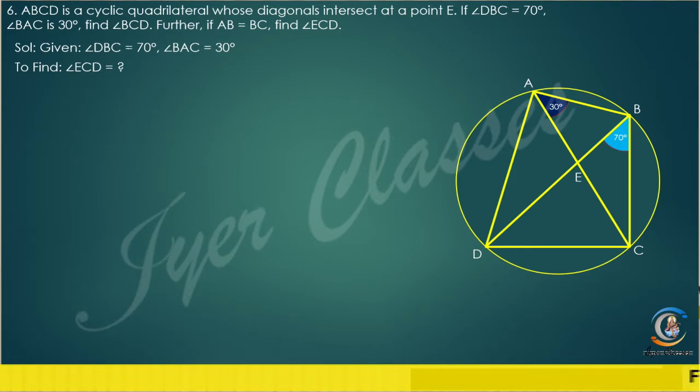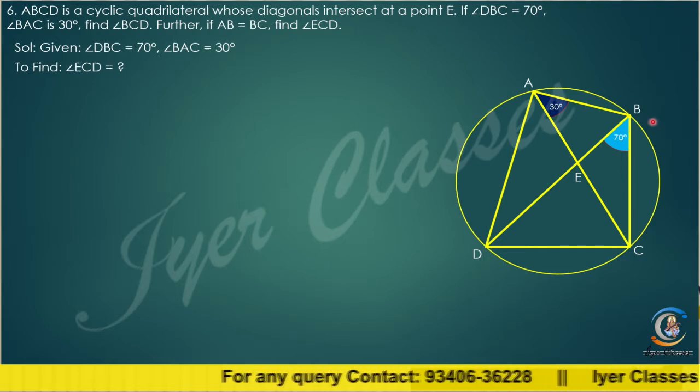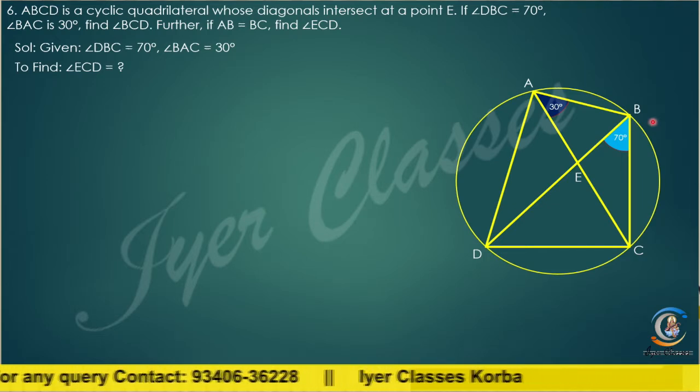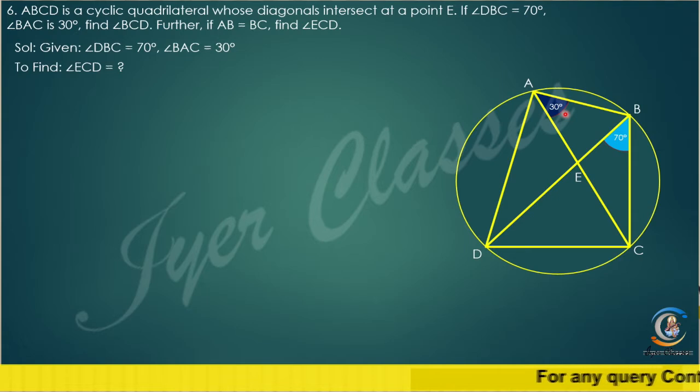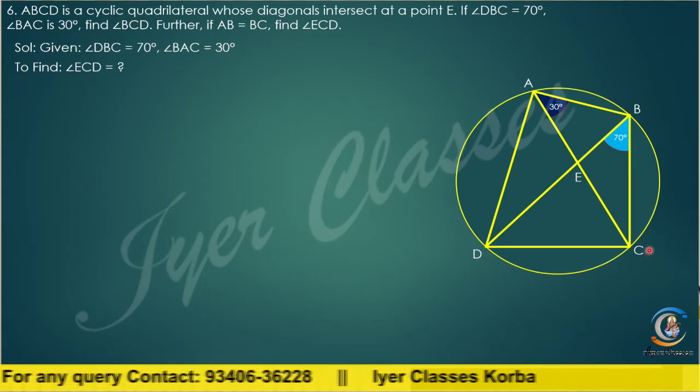You are given the angle DBC, which is equal to 70 degrees, the light blue one, and angle BAC, in the dark blue color, which is equal to 30 degrees.